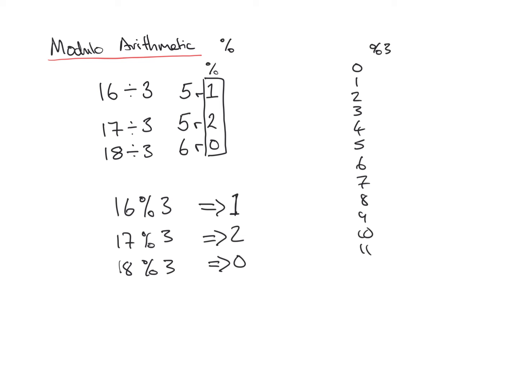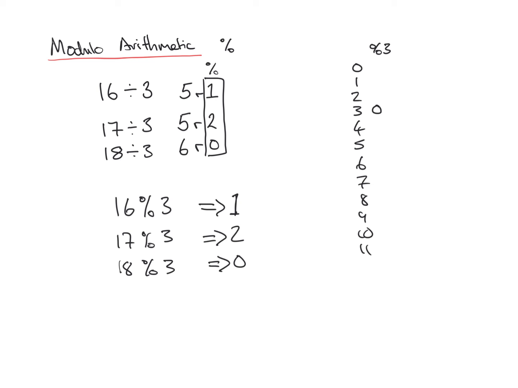So each number divided by 3. So each number mod 3. Okay, so let's make it easy. Let's start with 3. So 3 mod 3 says how many times does 3 go into 3? Well, it goes in exactly 1 time, remainder 0.